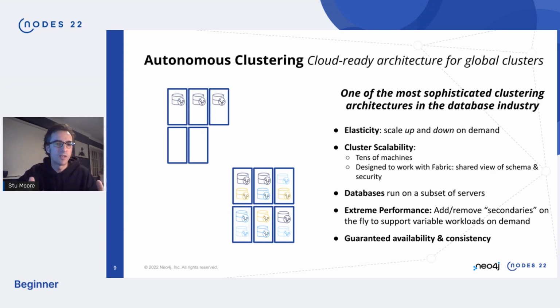So previously, if you went from 3 servers to 5 servers, you increased your level of fault tolerance. You could obviously add more read replicas, dedicated servers for reads. But in Neo4j 5, what we allow a cluster to do is have as many servers as you want.